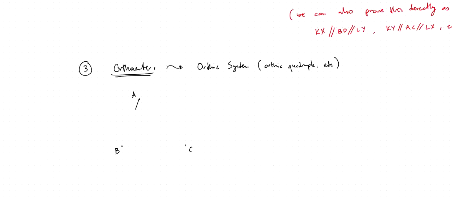The orthocenter is the intersection of the altitudes, right? The three altitudes are concurrent. Again, you can prove it in various ways, but the statement is the three altitudes are concurrent.